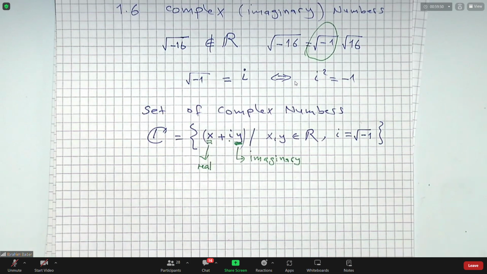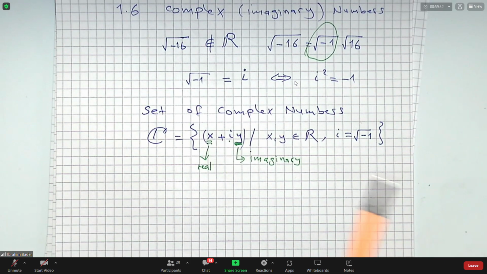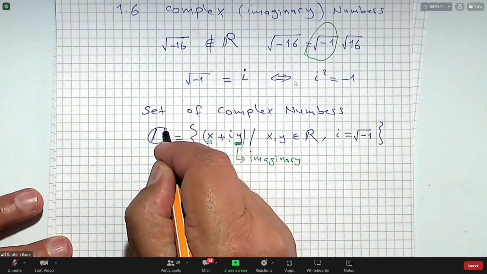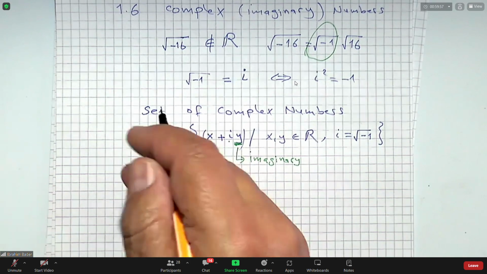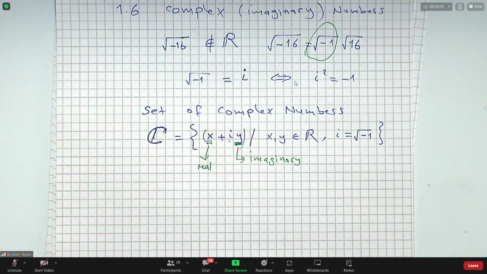It's C, but with a dash somewhere, just to distinguish. It's just like we did it for R and N, you know. Okay, so it's just the symbol for the complex numbers.